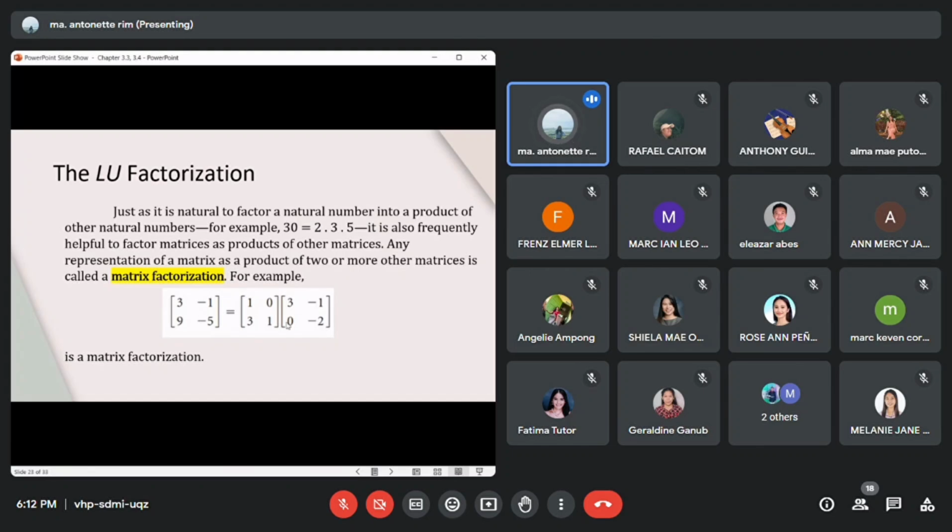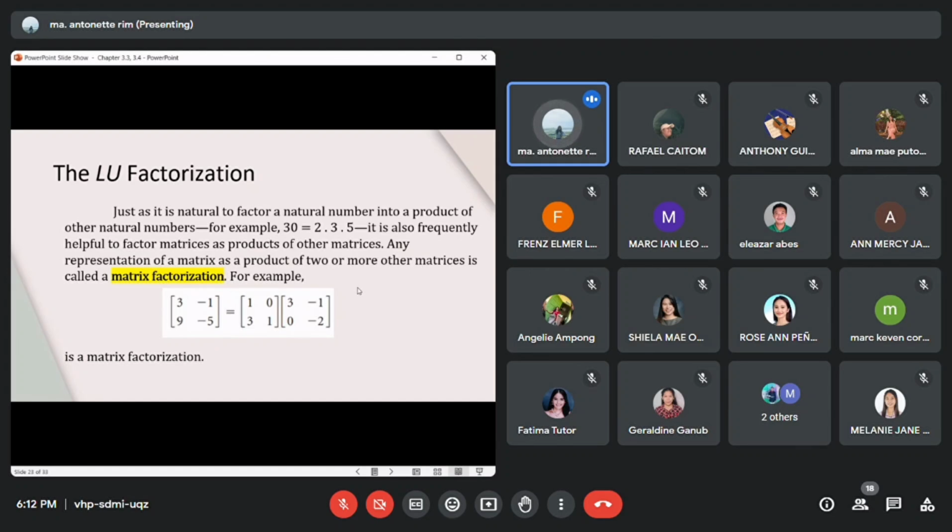So mao ni ang factor sa ato ang matrix. So take note lang na an n by n matrix is invertible and has an LU factorization. And if na siya LU factorization, the factors of the matrix are unique. So usa ra gyud ang factor.